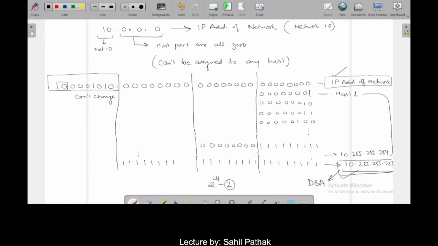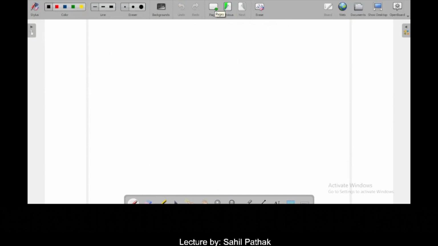Now similarly, if we look at network 2, what we have seen here, network 2 was 128.1.0.0. This was the IP of the network, and similarly this is something we cannot change, so this will remain the same, 128.1. Then if I fill all these 16 bits with all ones, that would be 255.255.